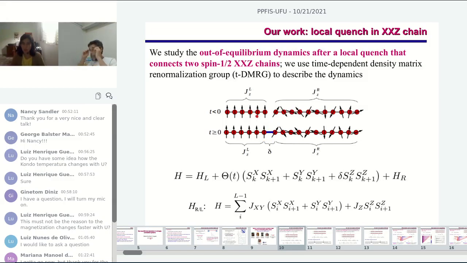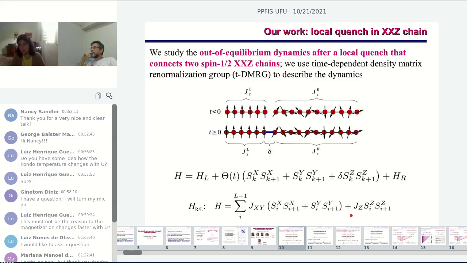Okay? Each of the spin chains is described by the XXZ model. It's an S·S type of interaction. One S refers to one site, and the other S refers to the neighboring site.